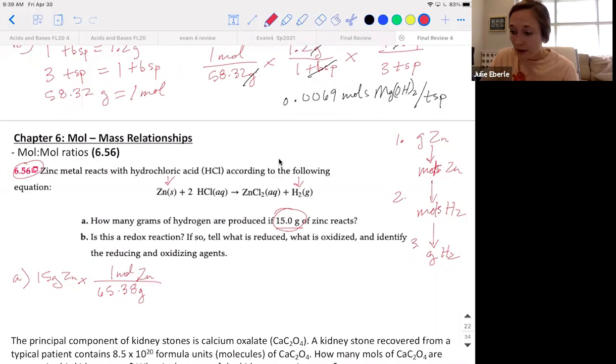Because now when I plug in step 2, the mole to mole ratio, I already see that I have moles of zinc on the top in my previous step. So that lets me know I've got to put moles of zinc on the bottom. And what's my mole to mole ratio? It looks like it's 1 to 1. For every 1 mole of zinc, I'm going to get 1 mole of hydrogen.